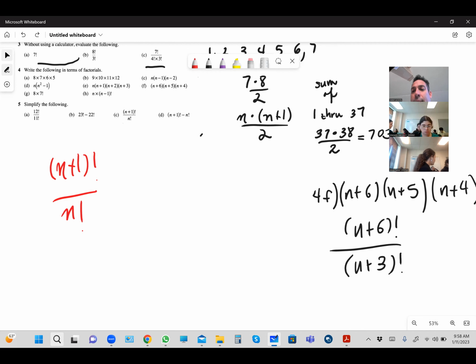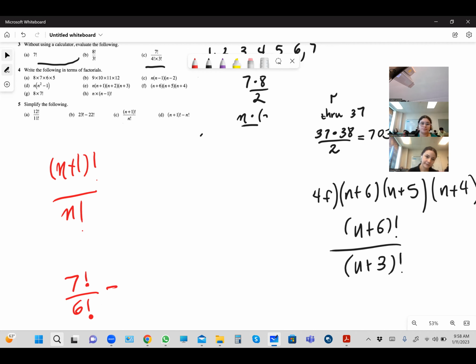Okay, so watch. Pretend, pick a number for n. Just pick a number, somebody. Not a big number. 6. All right, so let's just say I wrote 6 factorial. What would the top one have to be? What's 6 plus 1? 7. So what does this come out to?